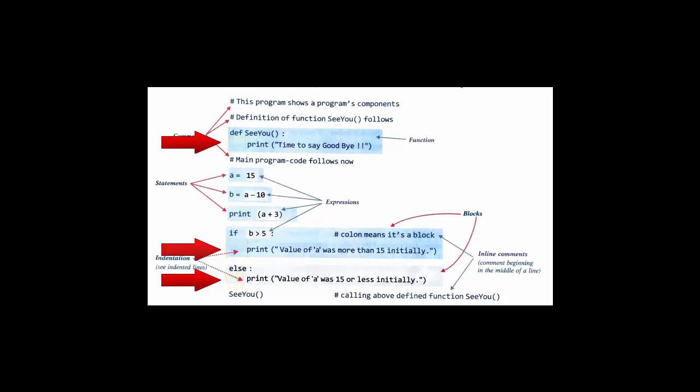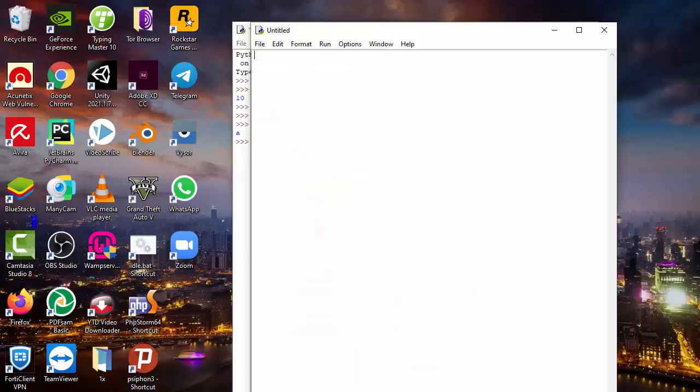Now let's look at some examples, to see all that we have learned. An expression is basically this, and this is an expression. A statement is something that tells the computer to do something. For example, 20 plus 15 is adding these two numbers, which is an expression.